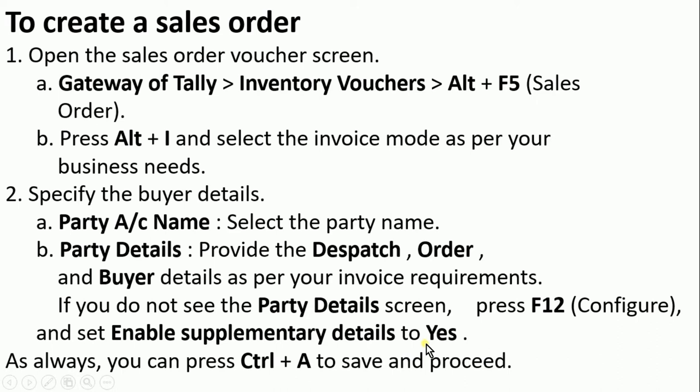At any time, if you want to take the party details in the voucher screen, maybe in the sales order, then press F12 and enable supplementary details to yes. And then press Ctrl A to save and proceed. Now we will see a demo on purchase order and sales order.